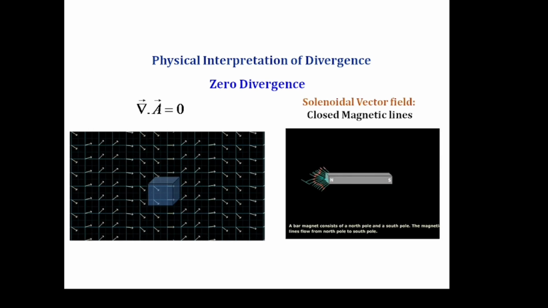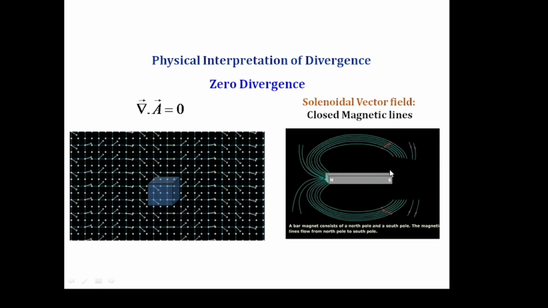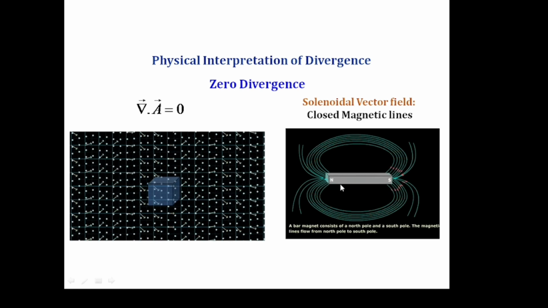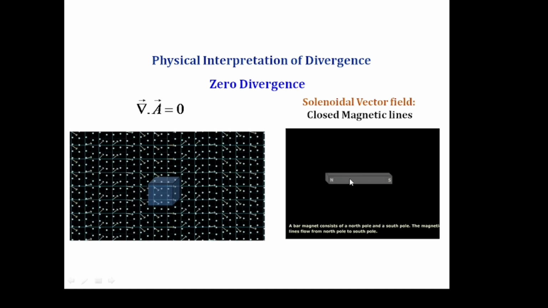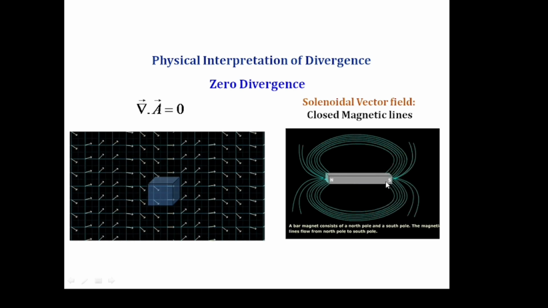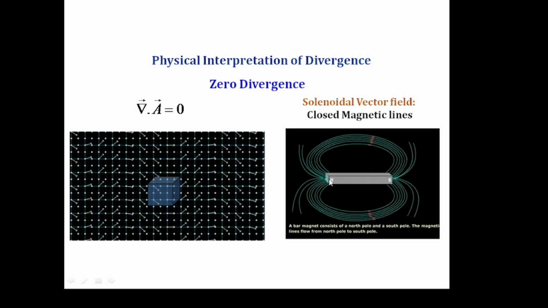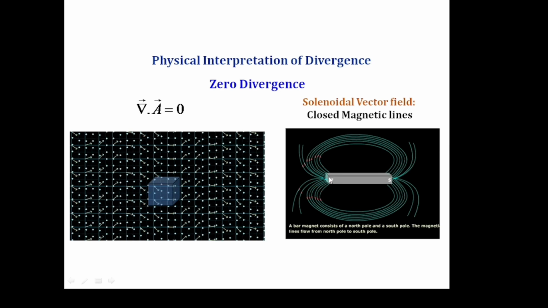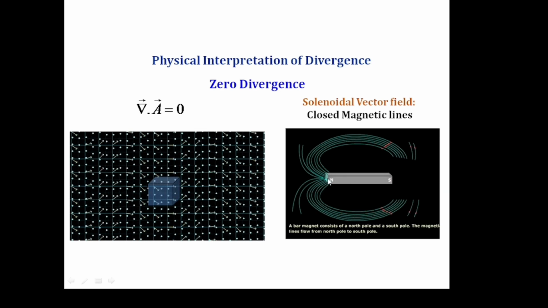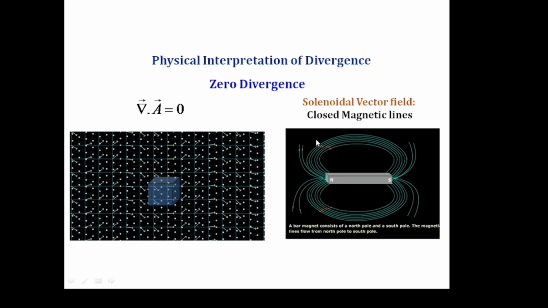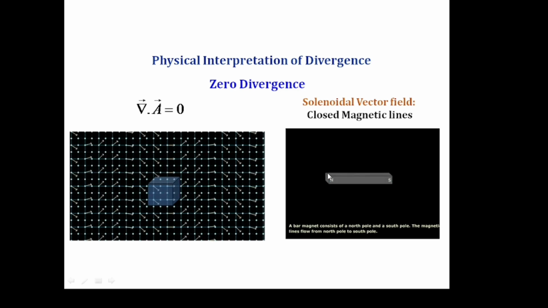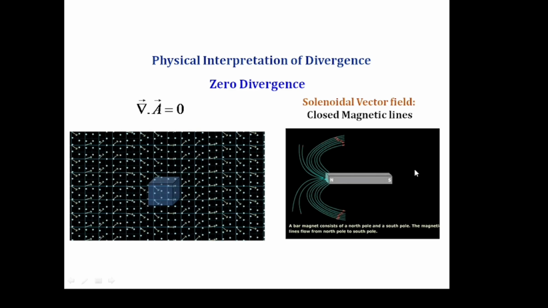Another example is a magnet. We all know that a magnetic monopole doesn't exist. That means a bar magnet always has a north pole and a south pole. So magnetic lines of force flow from north pole to south pole. From the north pole they go out, and in the south pole they enter. So all the lines of force are closed.